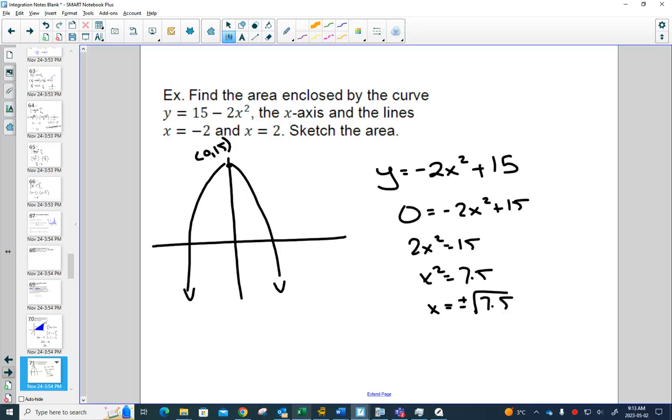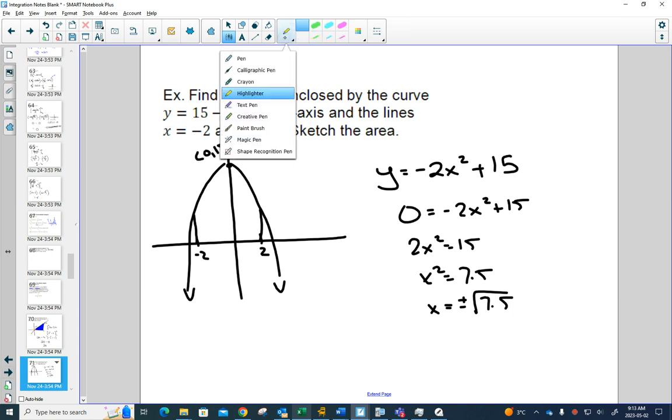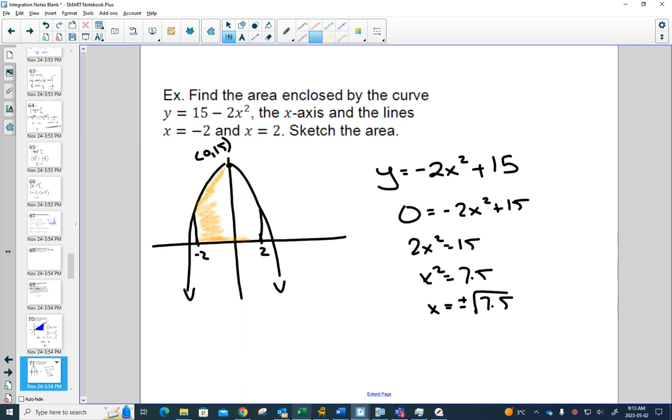Why is that important? Because then I know that 2 and negative 2 are going to be there. And this is the area we are trying to find.